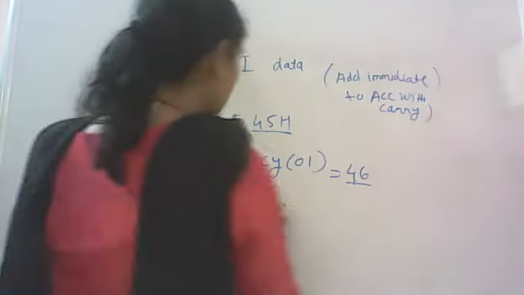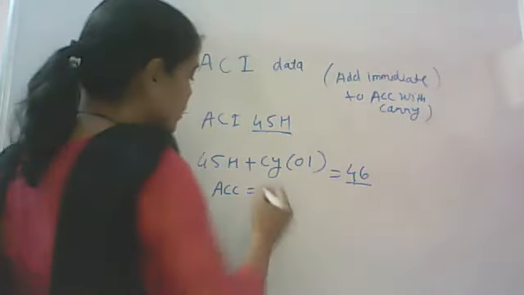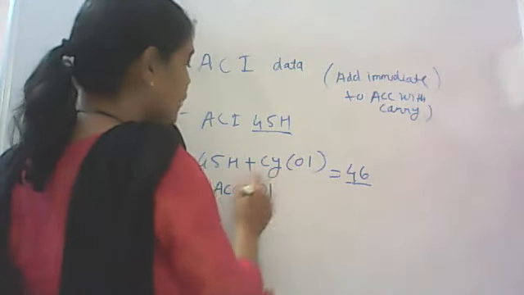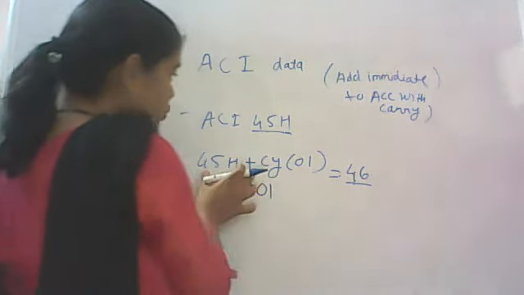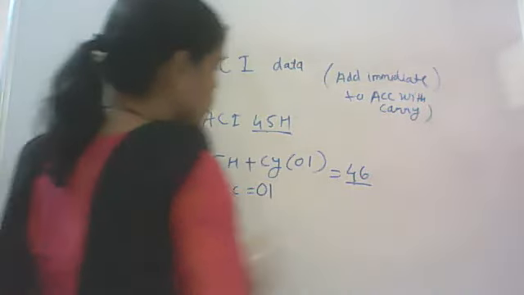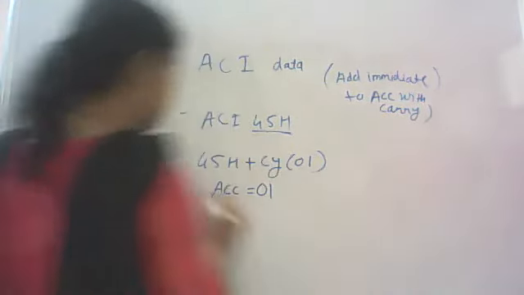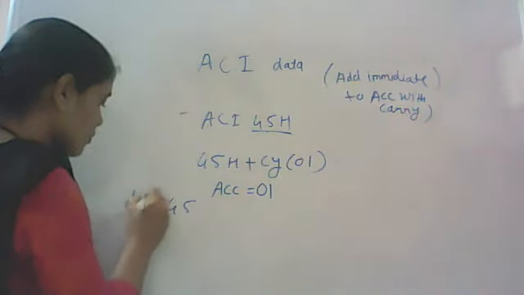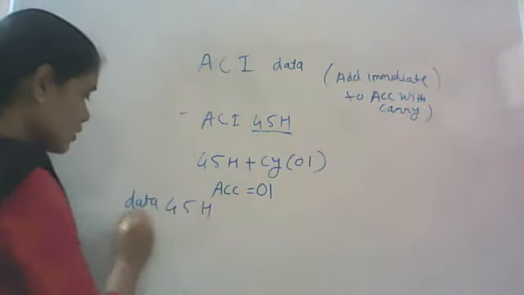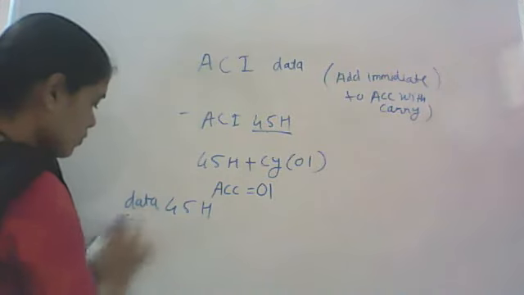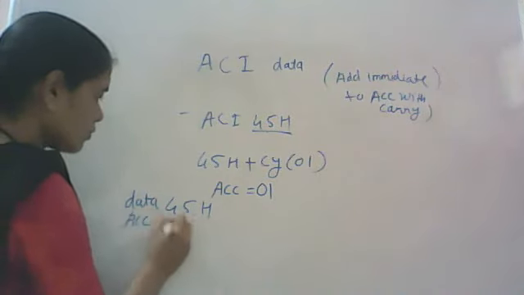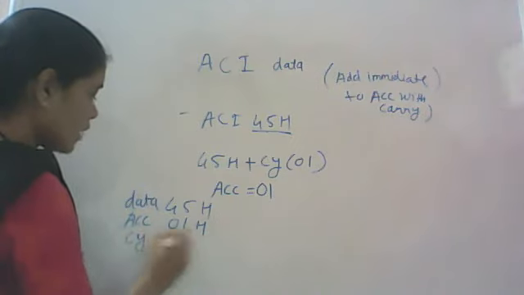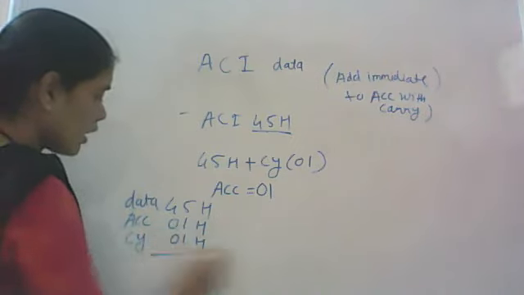So here accumulator content 01 and data 45 hex, then carry flag 01 hex.